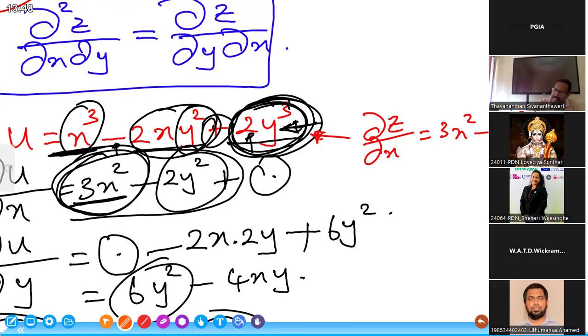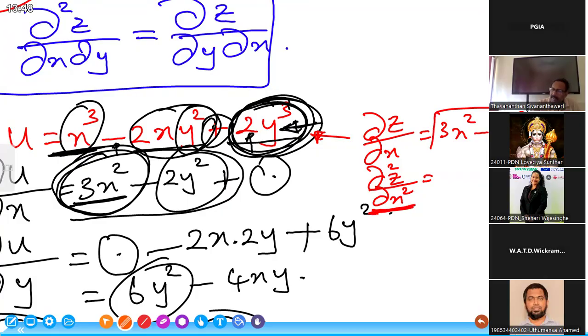Right. Then if you differentiate further with respect to x, so this is how you write it out. So what is that? Lovesia, tell me now how to, because again you are going to differentiate with respect to x.